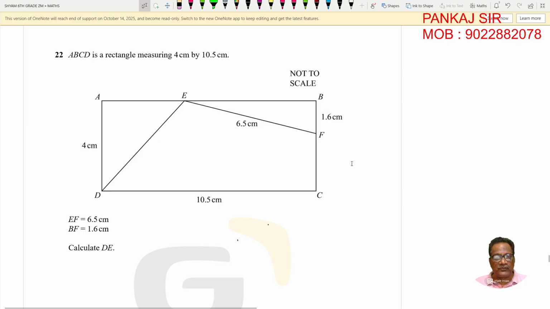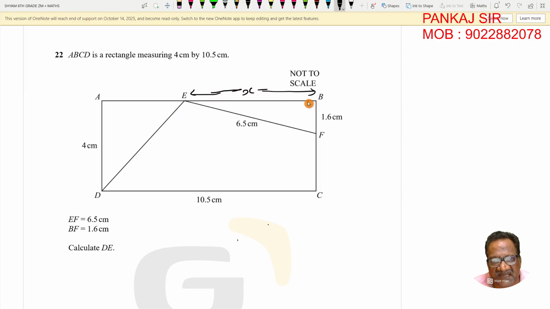Okay, so this is a 4-mark question. So we'll have to do a lot of working. Okay, let me first start with this. Let BE be equal to X, right? This is 90 degrees. Can you see this is a right angle triangle, right? So what will be my X?